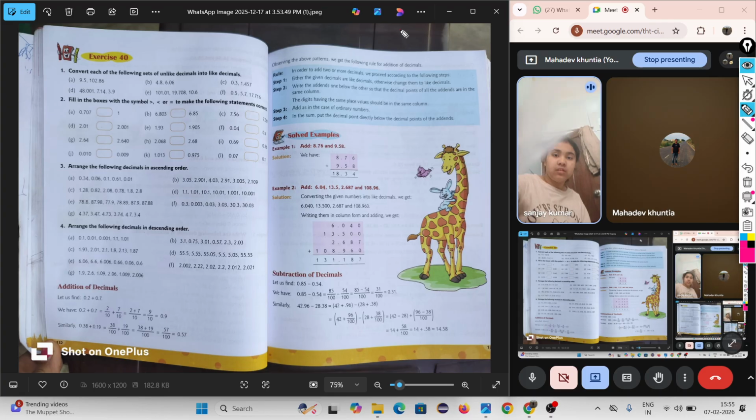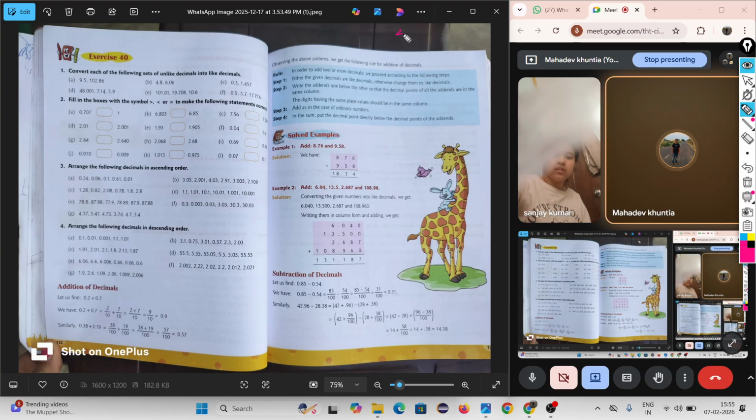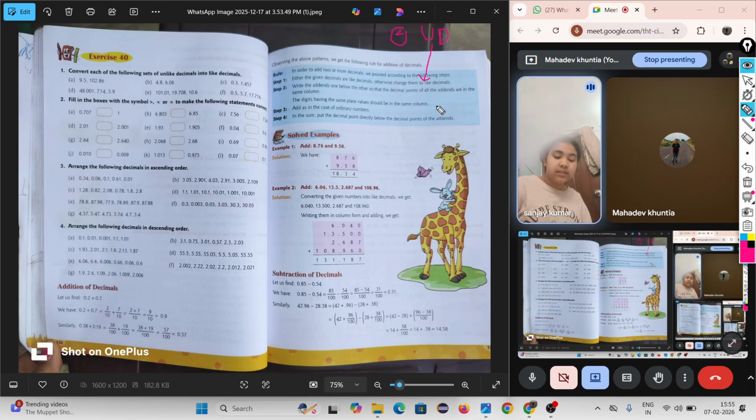Then number two is unlike decimals: decimals having different decimal places. Okay.